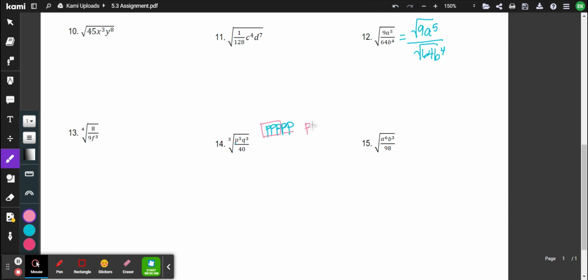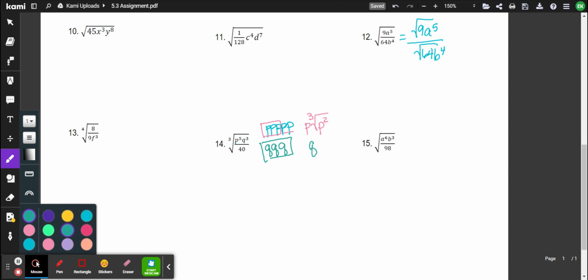So I would have 1 p on the outside, and I would have 2 p's, or a p squared, on the inside, okay? And then if I do the q's, I have 1, 2, 3 q's. That's just a straight up group of 3, so I have a q on the outside, nothing left on the inside.